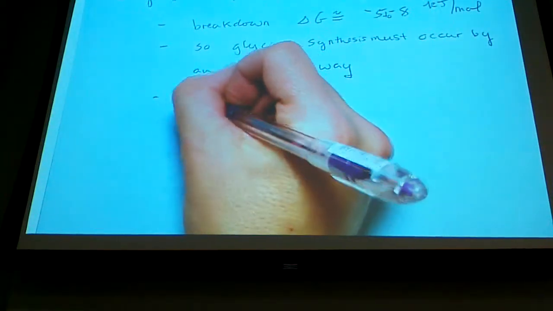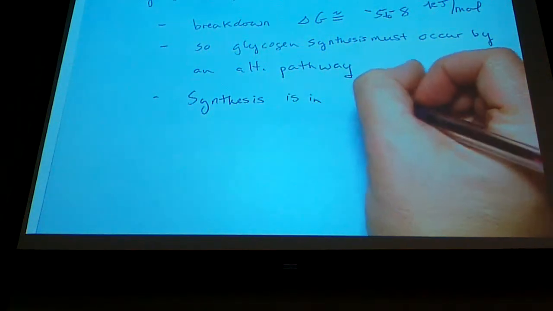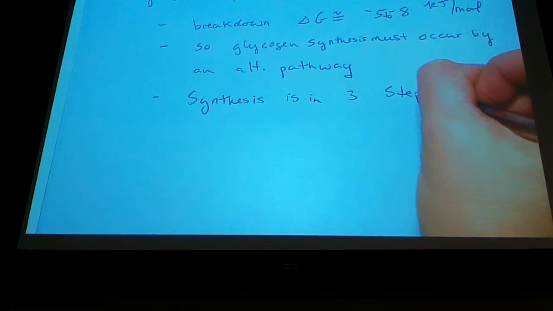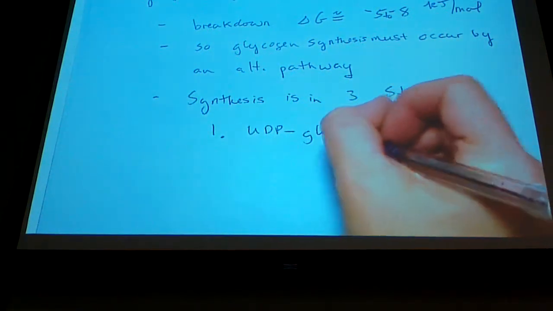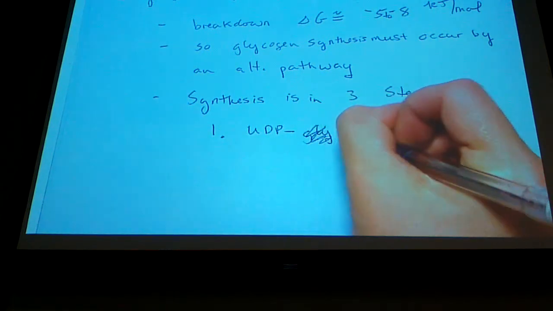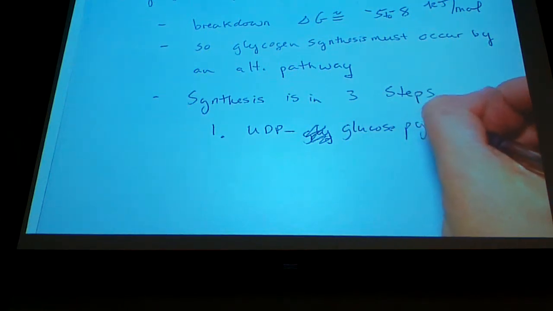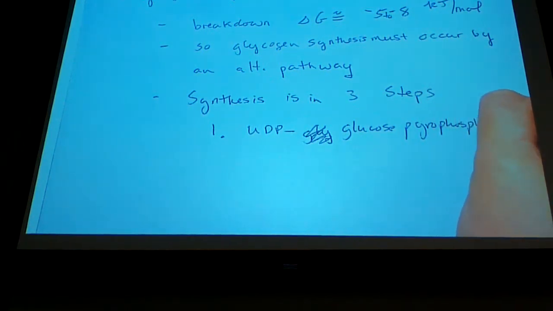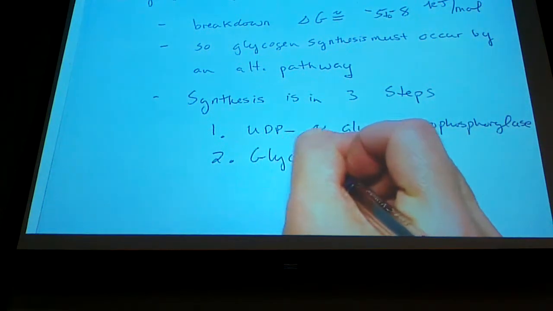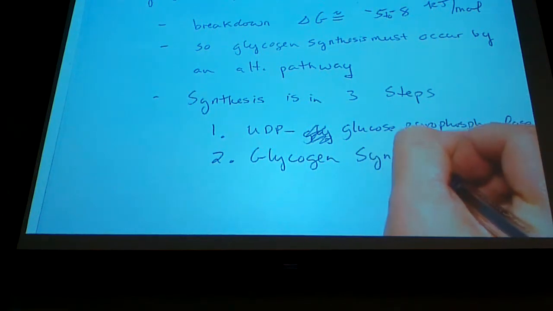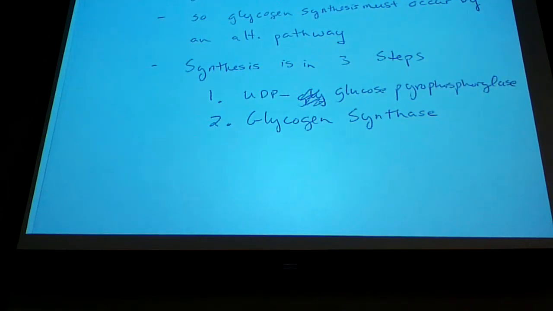So our synthesis is in 3 steps. We need a UDP glucose pyrophosphorylase. We need glycogen synthase. That's going to be really important as a control point. We'll see that later on.